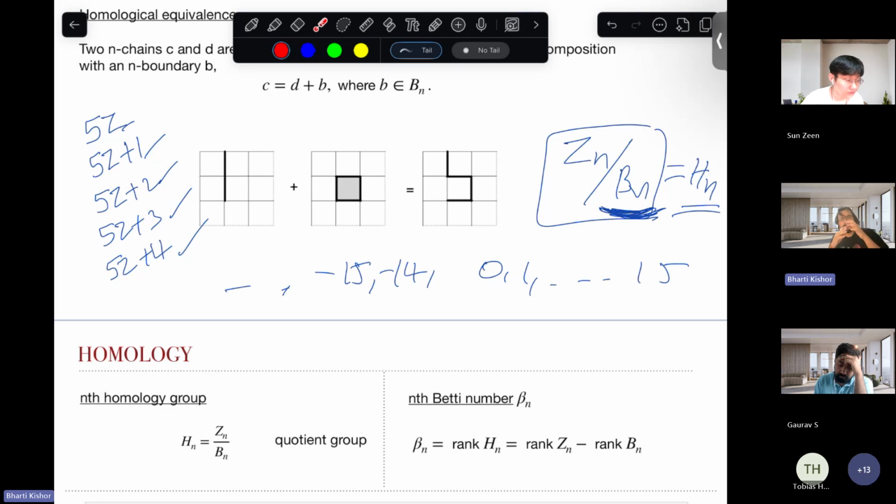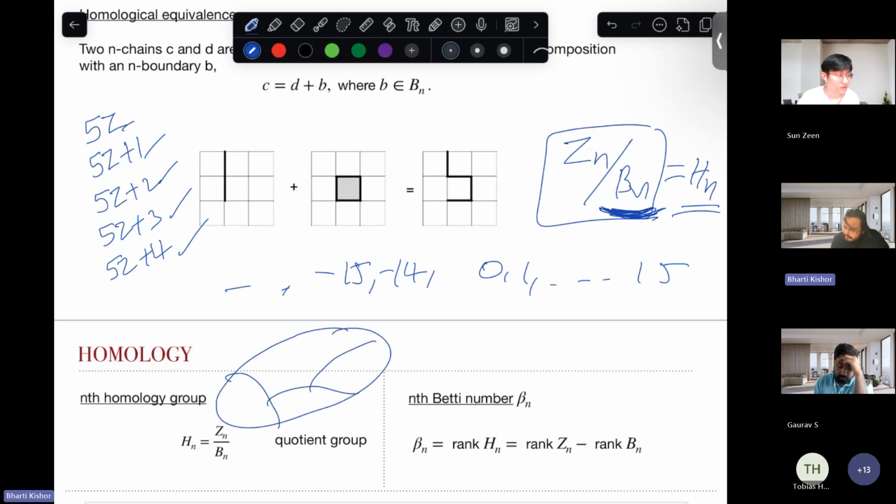You are trying to take a set and break it into smaller pieces. So for example, in this set I have 5Z. In this set I have 5Z plus 1, 5Z plus 2, 5Z plus 3, and 5Z plus 4. Any two elements within the same set are related to each other by a multiple of 5.